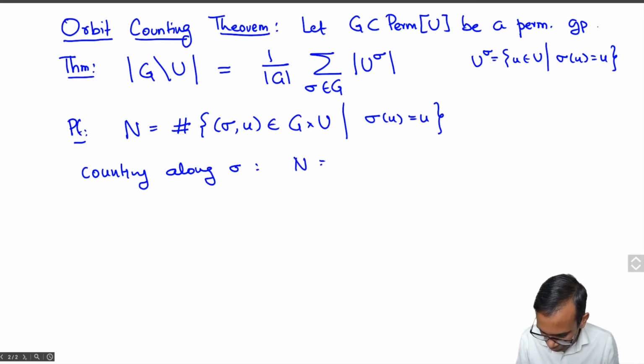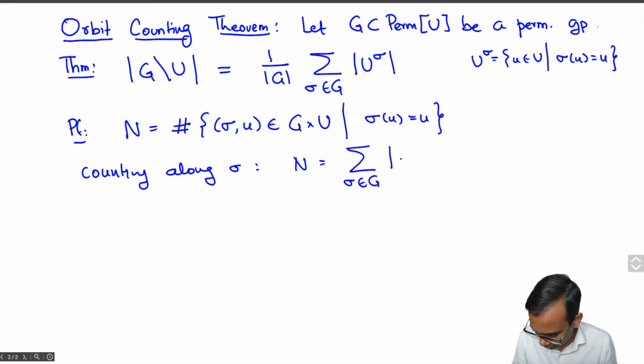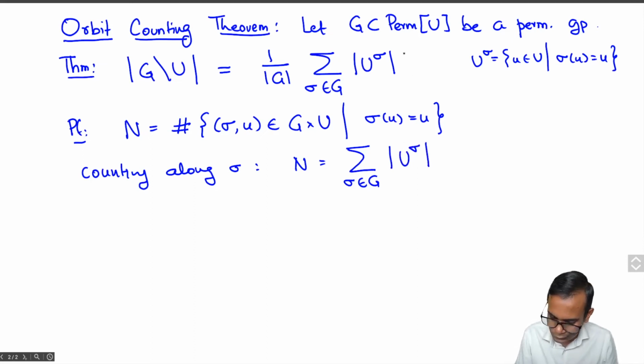I get n is equal to the sum over sigma in G, and how many U's are there for each sigma? Well, it's just U sigma. So this kind of looks like the right hand side of the orbit counting theorem.